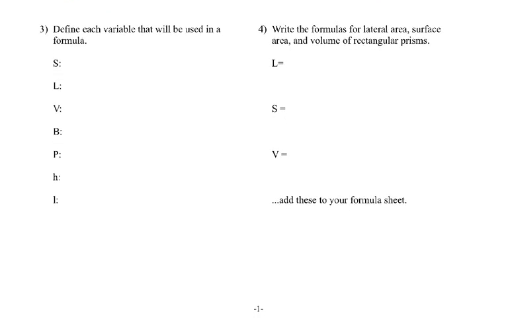Now we're going to introduce a new variable when we are talking about the formulas for pyramids, and that is going to be this lowercase cursive l, which represents slant height. Slant height is the height of a lateral face, so it would be down the side of the pyramid. So let's see here.